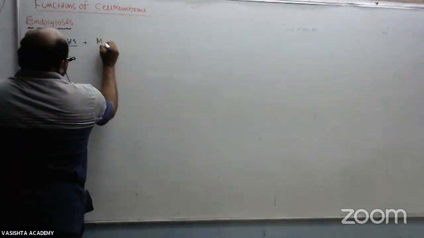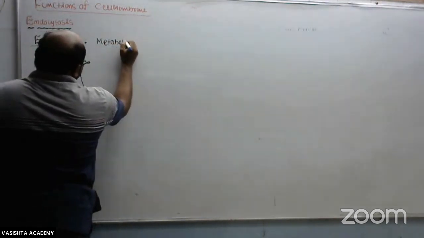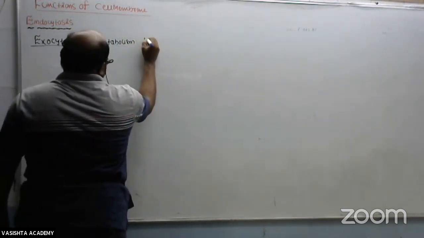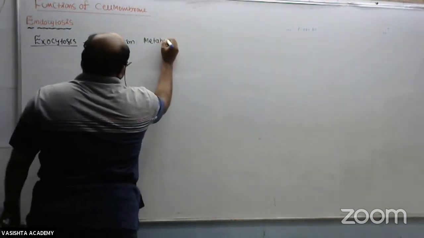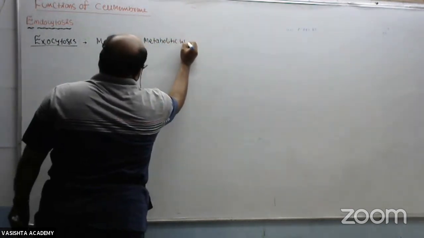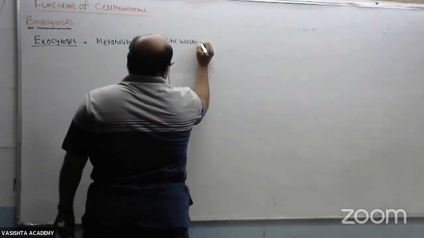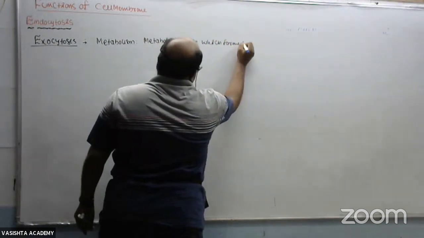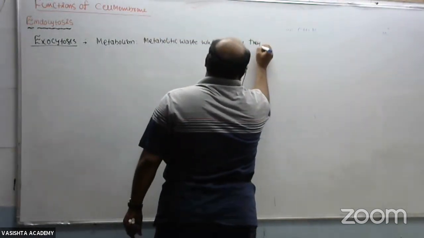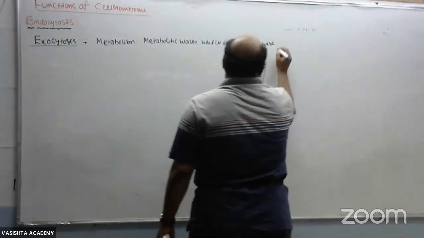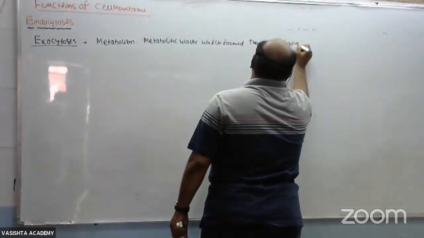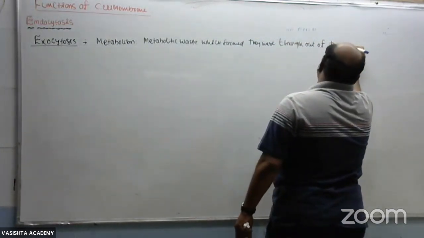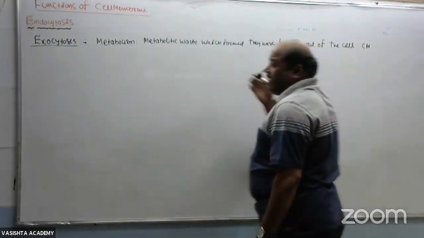So here, when metabolism takes place, the metabolic waste which is formed is thrown out of the cell through the cell membrane.